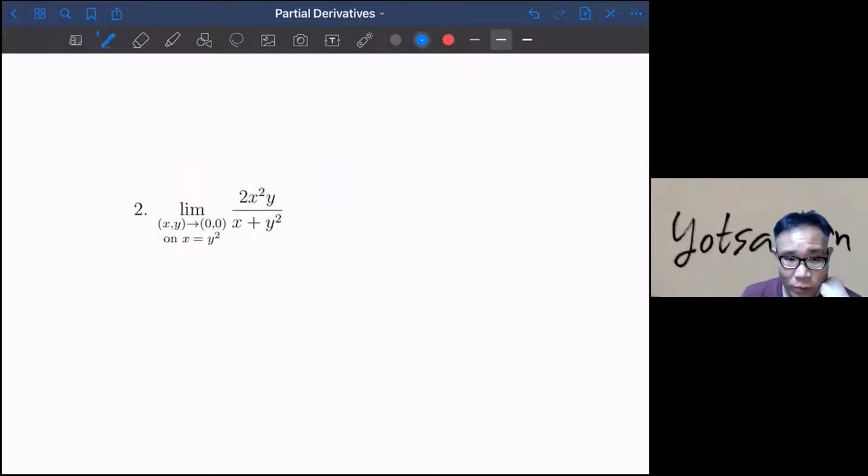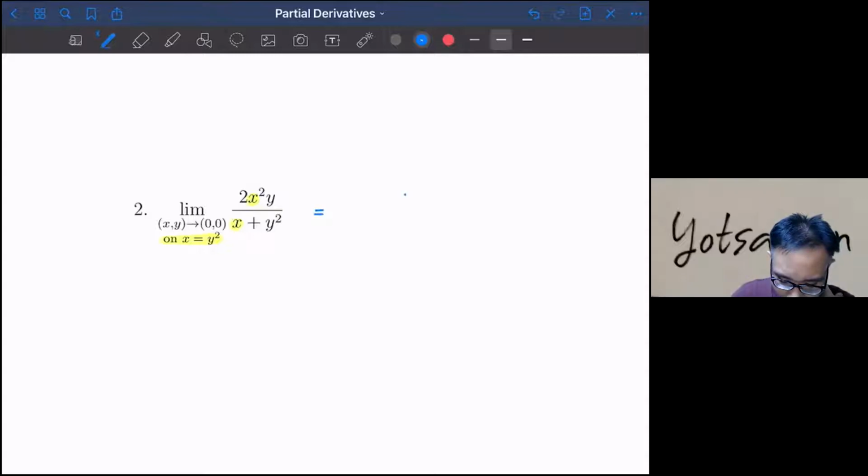You have the limit as x, y go to 0, 0 of 2x squared y over x plus y squared, on x equal to y squared. Again, you have the yellow condition on x equal to y squared, and you see two x's here that you're going to change by using the condition x equal to y squared.